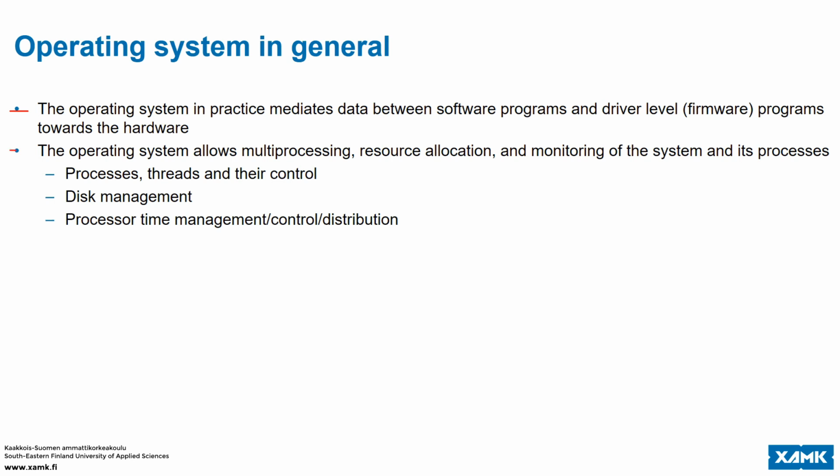The operating system also, in general, does a couple of things. It creates a platform for multiprocessing, resource allocation, and monitoring of the system and its processes. And in practice, we will talk about each of these things: processes, threads, and their control, disk management, processor time management, and how to allocate processor time for different software programs.